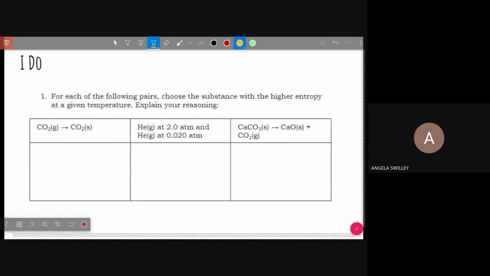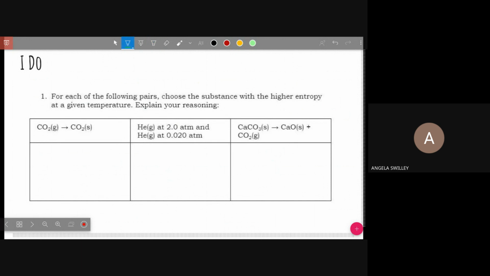All right, let's look at this I do. If you want to pause it and try it on your own and resume to get the answer, feel free to do so. For each of the following pairs, choose the substance with the higher entropy at a given temperature. Explain your reasoning. We have carbon dioxide gas and carbon dioxide solid. It wants to know which has the higher entropy.